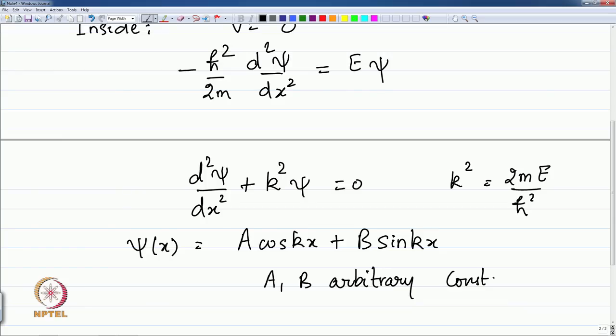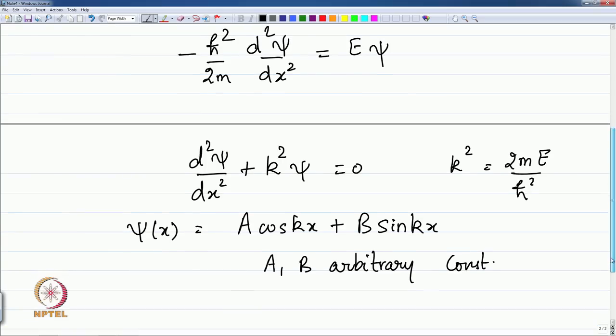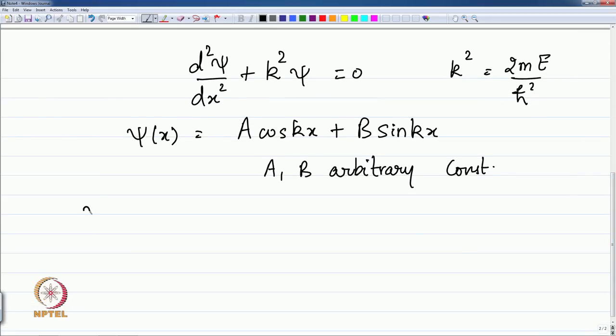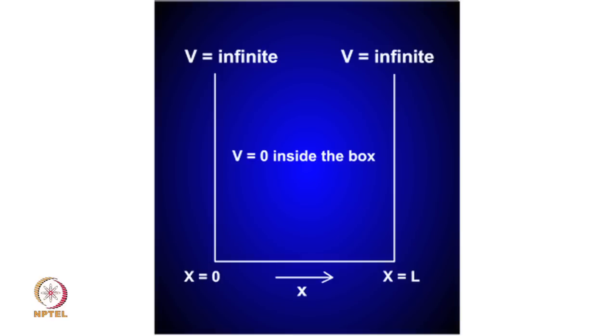Now, if you look at that solution with the boundary condition that you have, namely ψ of 0 is 0, immediately you have a is equal to 0, because cos kx is 1 and sin kx goes to 0. If you have ψ at L, which is the other extreme of the box, please remember this model, at x is equal to L at this point.